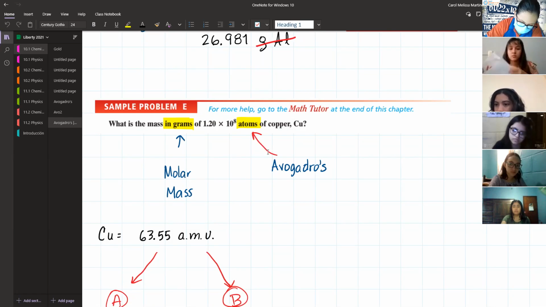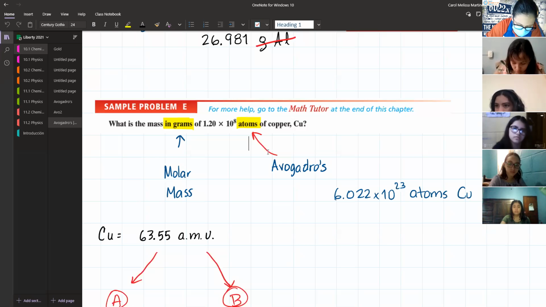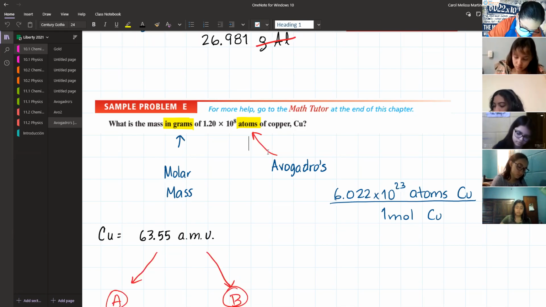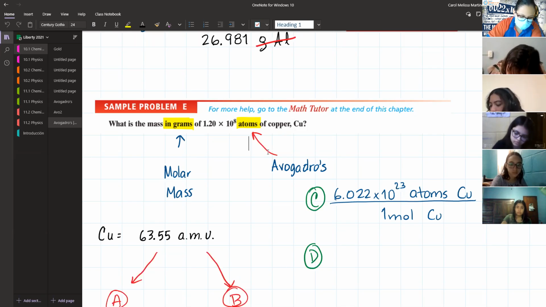So this conversion factor could either be 6.022 times 10 to the 23rd power atoms of copper, in this case, over 1 mole of copper. I'm going to call this C and I'm going to call this D. Or you can write it the other way, which is that in 1 mole of copper, you're going to have Avogadro's number of atoms of copper.